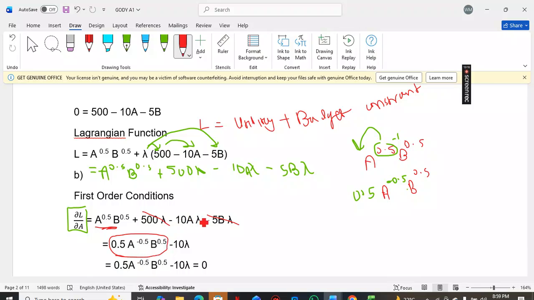Then for this 10a lambda, this a is to the power 1. 1 times negative 10, you get negative 10. 1 minus 1, that is a to the power 0, and a to the power 0 is the same as 1. That's why you remain with negative 10 lambda.